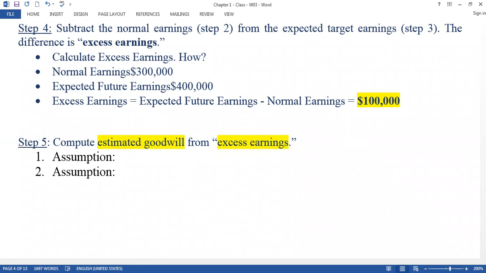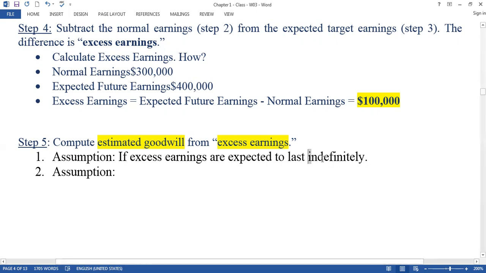So the first keyword is something like this: if excess earnings are expected to last indefinitely. So this is one keyword.